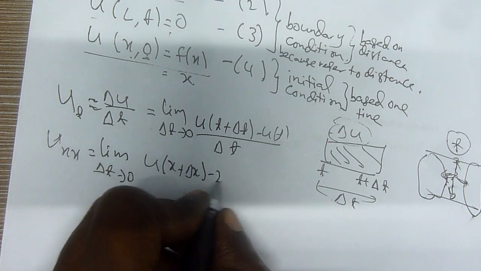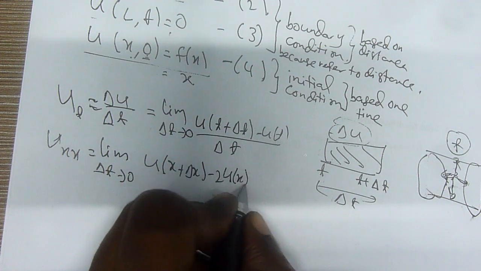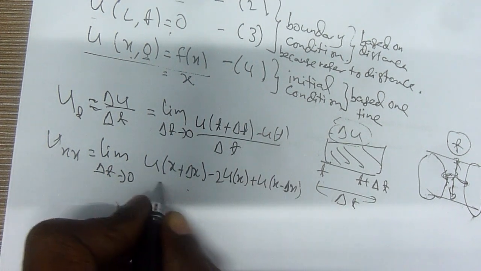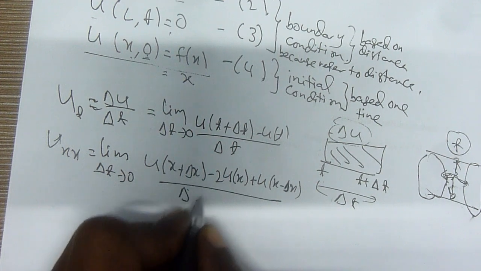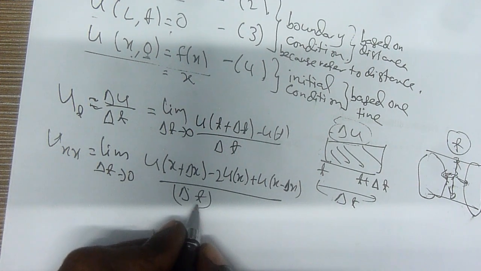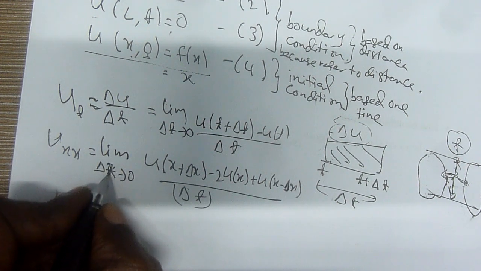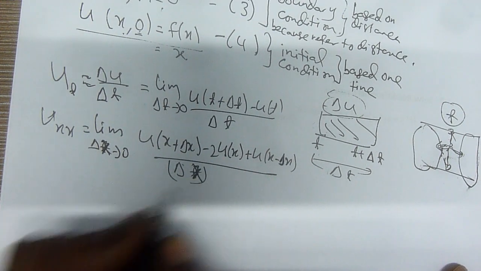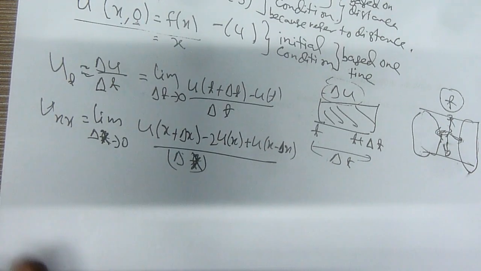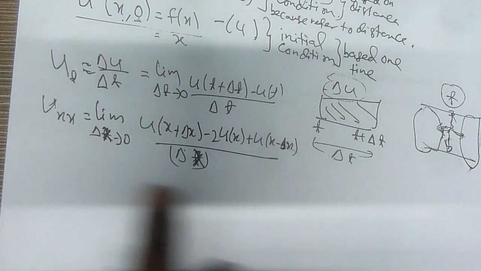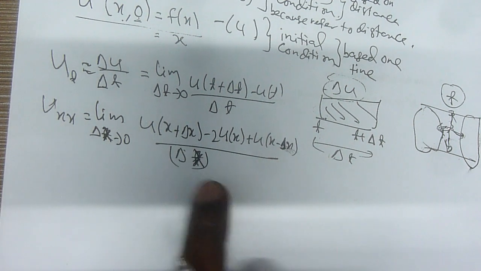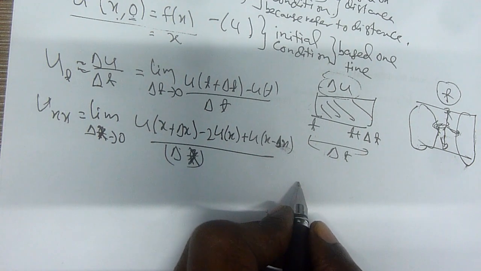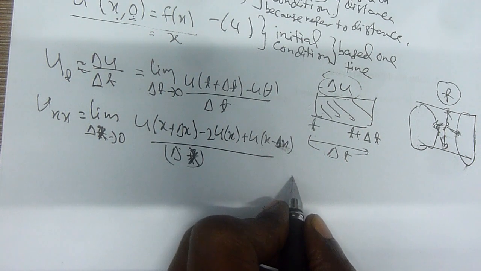It is u(x+del x) minus 2u(x) plus u(x minus del x), divided by del x squared. Sorry, this must be x, if I put a t it's wrong. With this del x, what is the idea that I can refer to? This one is a rod. We are referring to the rod change.